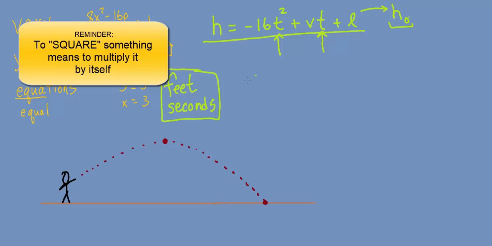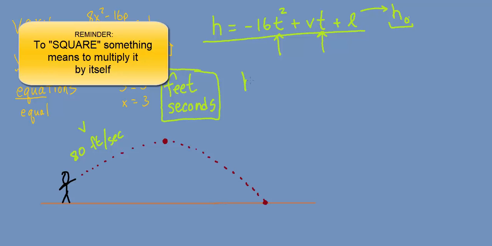So like for instance, let's say I threw the ball up at, I don't know, 20 feet per second. I don't really know what's realistic. That's probably too slow. So let's make it 80 feet per second. Maybe that's too fast. All right, so that's my v. That's this v right there. That's going to be known for a particular situation.